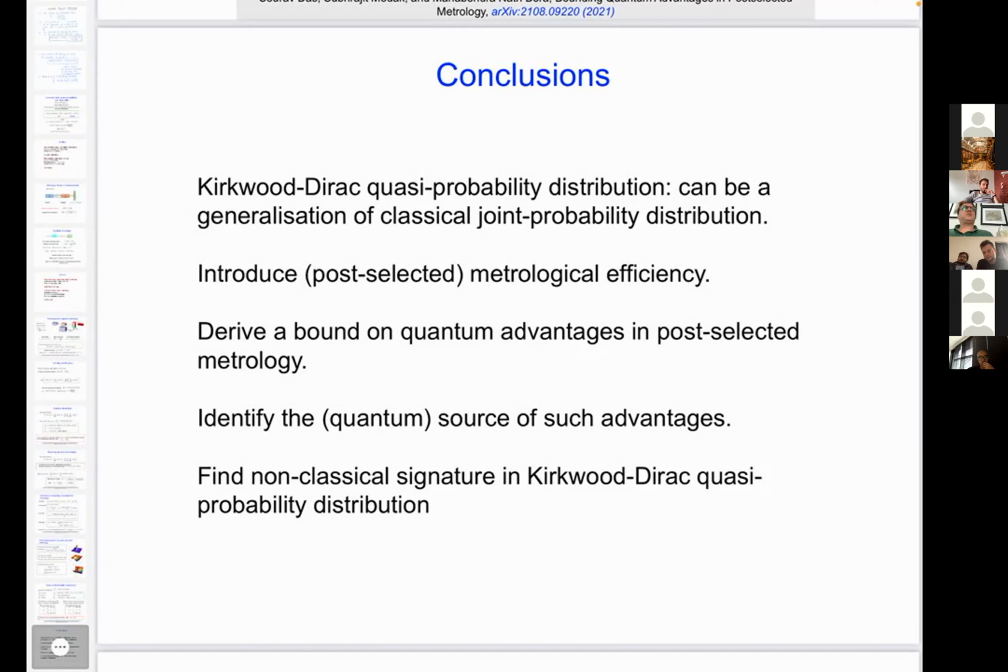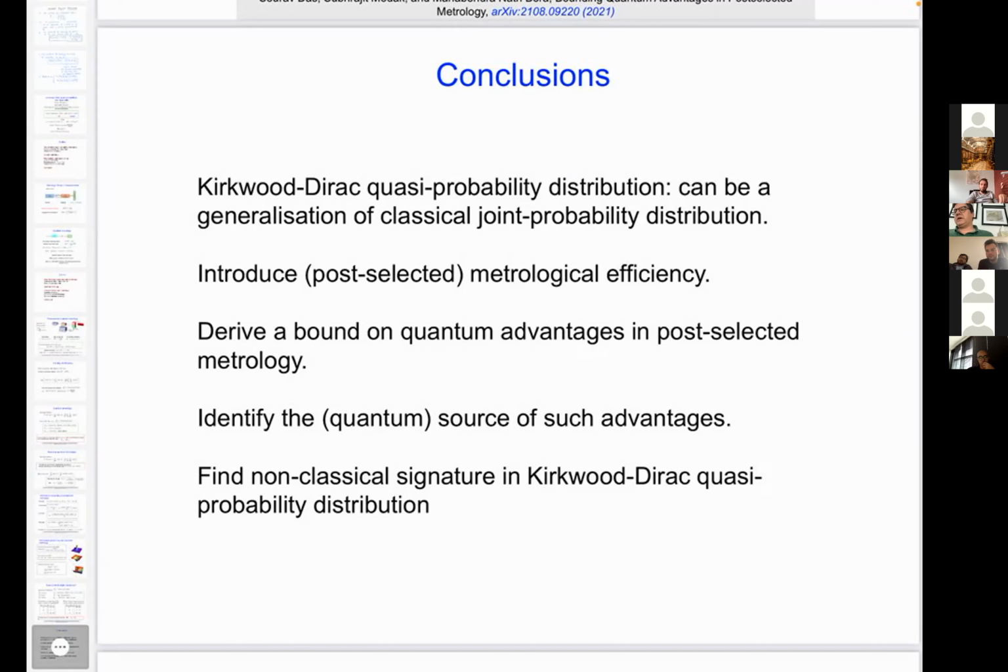I guess the first question I wanted to ask is, last week we had Nicole Yunger Halpern visiting us here at Chapman, and she is one of the co-authors on this other Nature Communications paper you mentioned. As far as I understand, the main conclusion that she draws with her co-authors, also looking at this Kirkwood-Dirac function, is that they link metrological advantage to the negativity of the Kirkwood-Dirac.